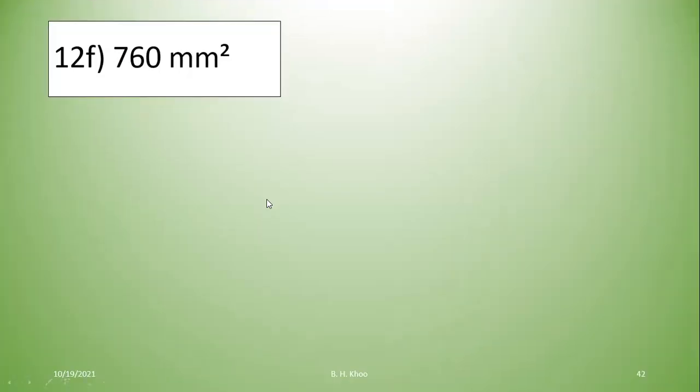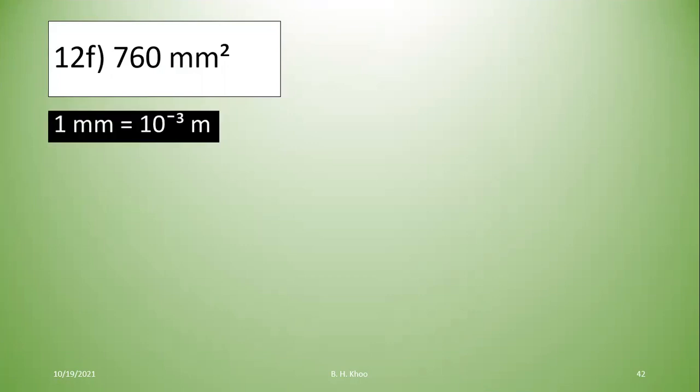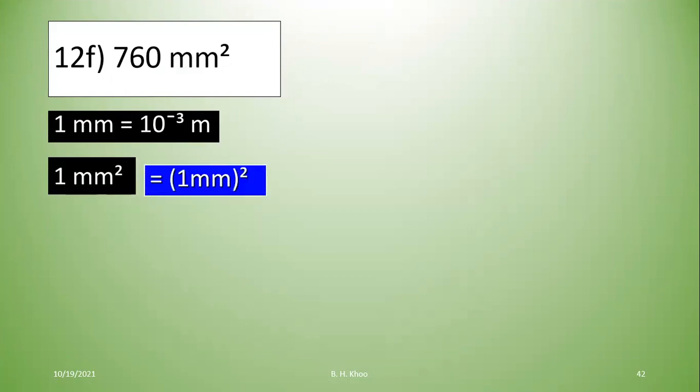Right? Or convert it to area. A millimeter. Right? You can remember, good. Cannot, work it out. Simple thing, you may need to remember this one: 1 millimeter is 10 to the power minus 3 meter. Rewrite that. 1 millimeter, you square the whole thing. Bracket it, square the whole thing. And replace 1 millimeter with 10 to the power minus 3 meter. Put inside there.